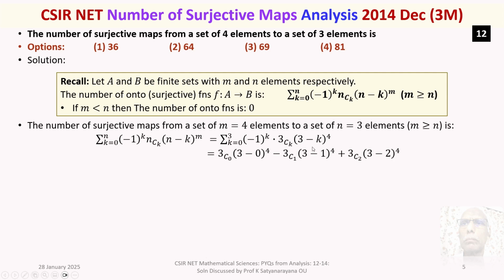When k is equal to 3, it is 3 minus 3 is 0, so we don't write it. Now, 3C0 is 1 into 3 to the power of 4, minus 3 into 2 to the power of 4, plus 3 into 1 to the power of 4.